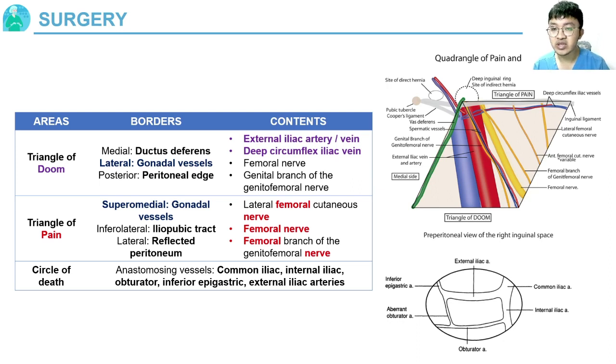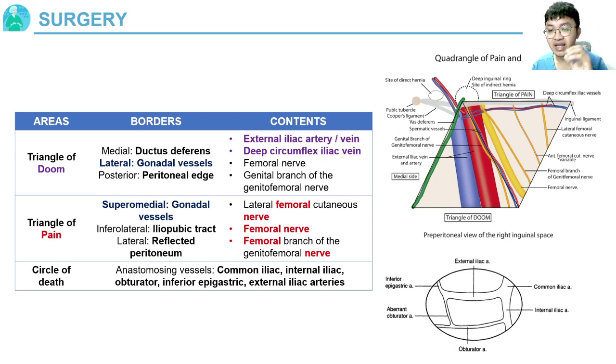Okay. So it's a triangle of doom because aside from having the femoral nerve and the genital branch of the genitofemoral nerve, you have your external iliac artery and vein and the deep circumflex iliac artery and vein, which can cause significant bleeding or significant morbidity if ligated or injured. Right? The triangle of pain is associated only with nerves.